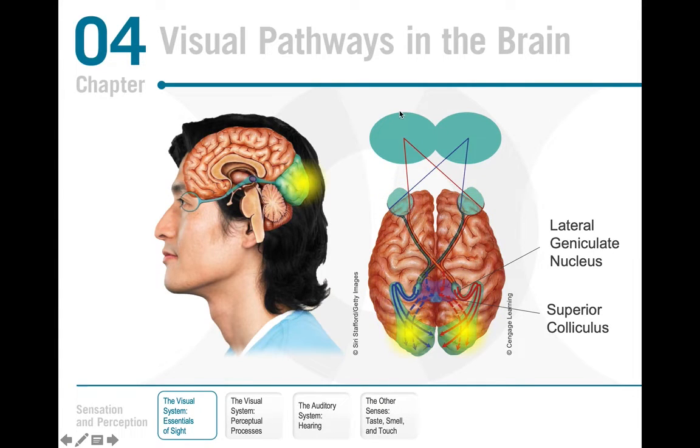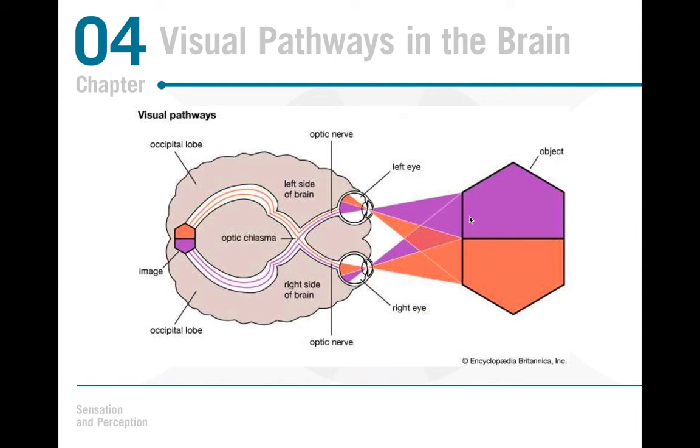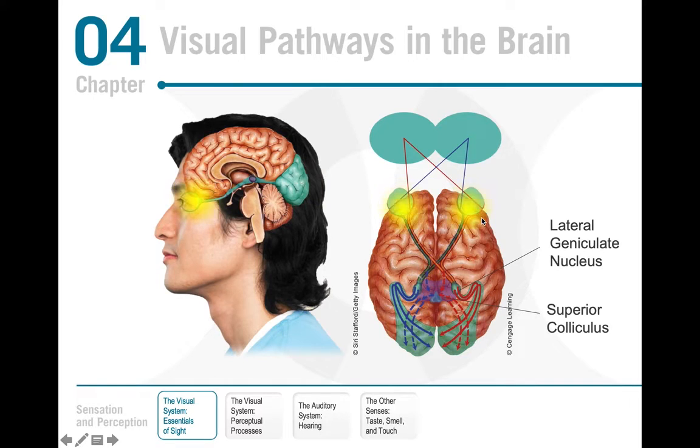So any light in your left visual field is going to be registered in the right retinas on both eyeballs, and that information is going to go down this red pathway over here and then gets further processed in the right hemisphere of your cortex.